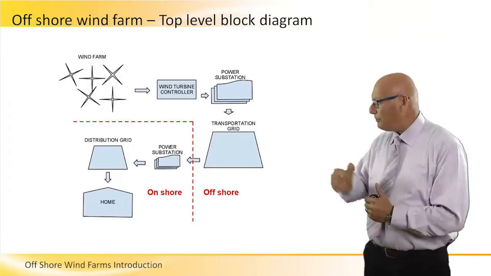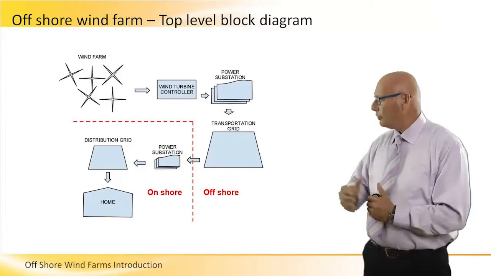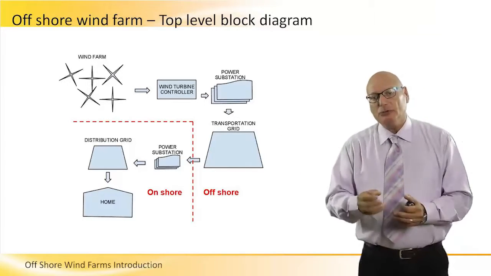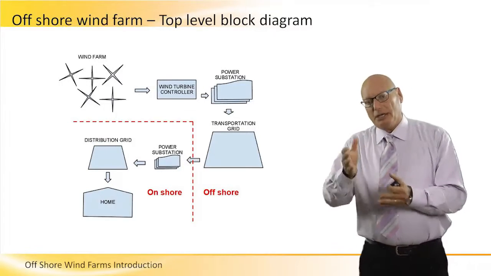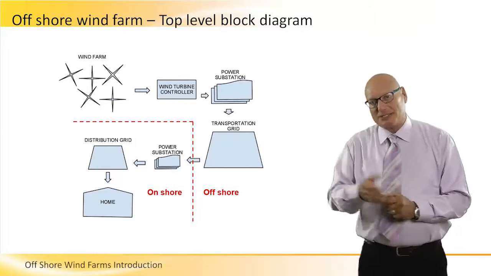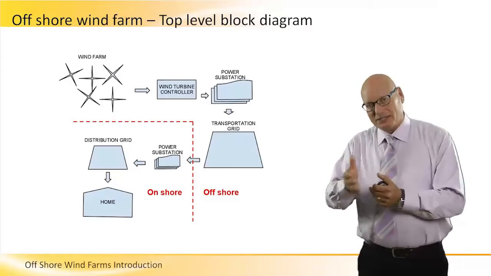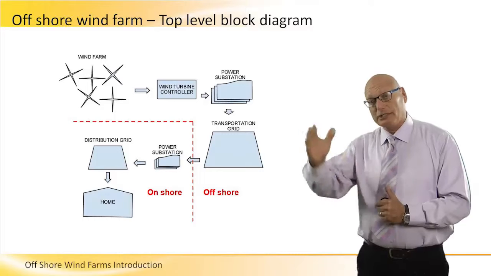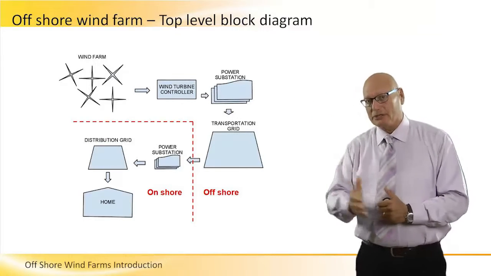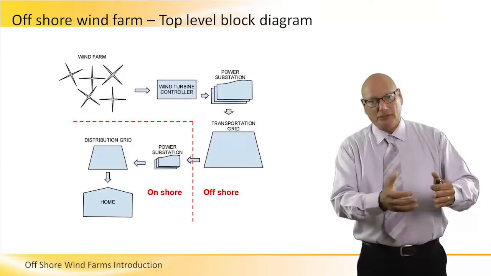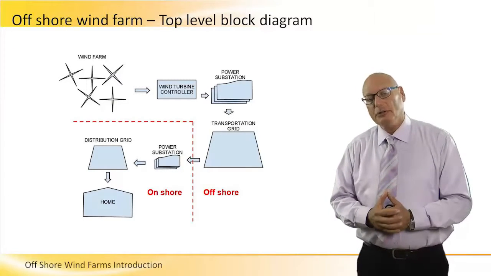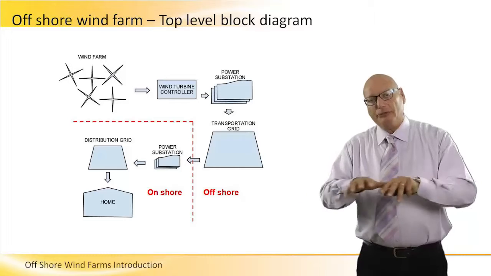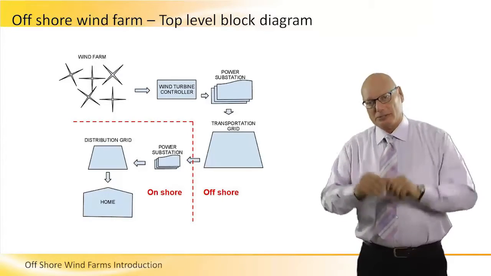So we stepped it up offshore, we step it down onshore. Then after stepping down, and again there are several stages of stepping down of the voltage, starting from, like we said, 200 kilovolts down to 11 kilovolts, 15 kilovolts. It goes to a distribution grid and then is distributed to the various customers.